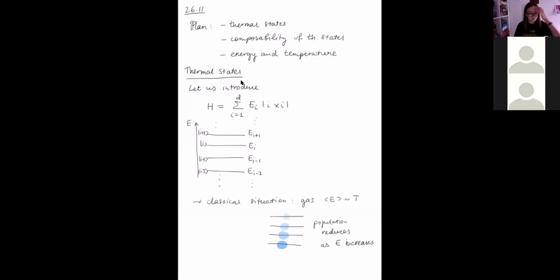And in the classical situation, this distribution is described by the so-called Boltzmann distribution.